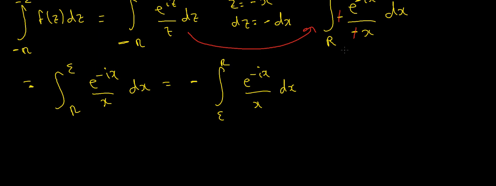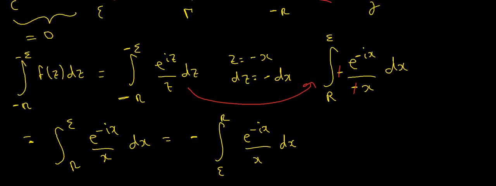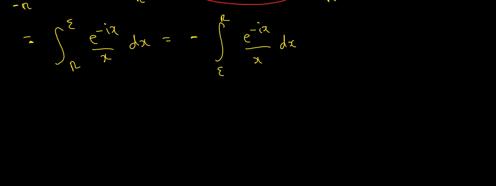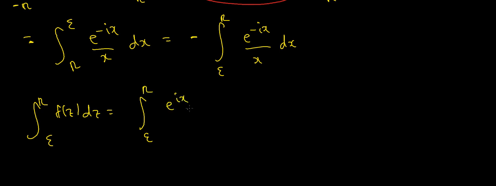Okay, I'm going to stop there. So how does that compare to this integral? Notice that if I did exactly the same thing with this integral, if I wrote out f of z dz, I'd notice that the integral from epsilon to r of f of z dz is exactly the same as the integral from epsilon to r of e to the ix divided by x dx.